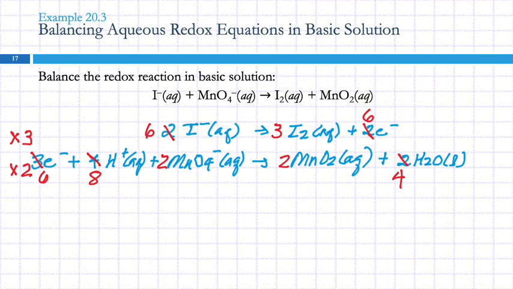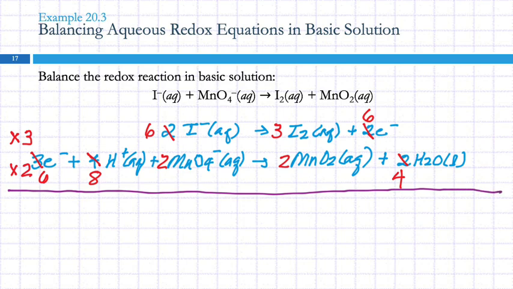So we got our electrons equal, so now we'll add these together, and the electrons cancel out. And sometimes these get a little bit long, so we have to write small.